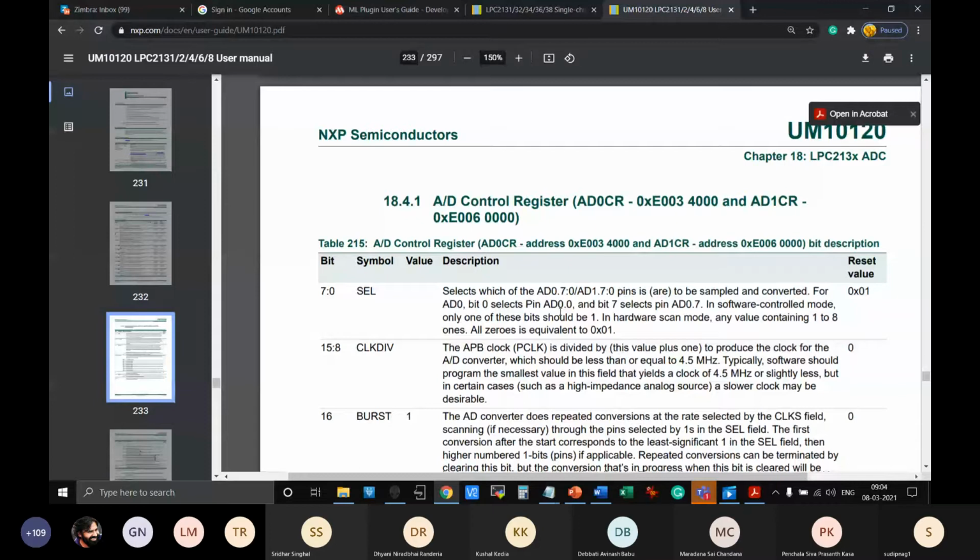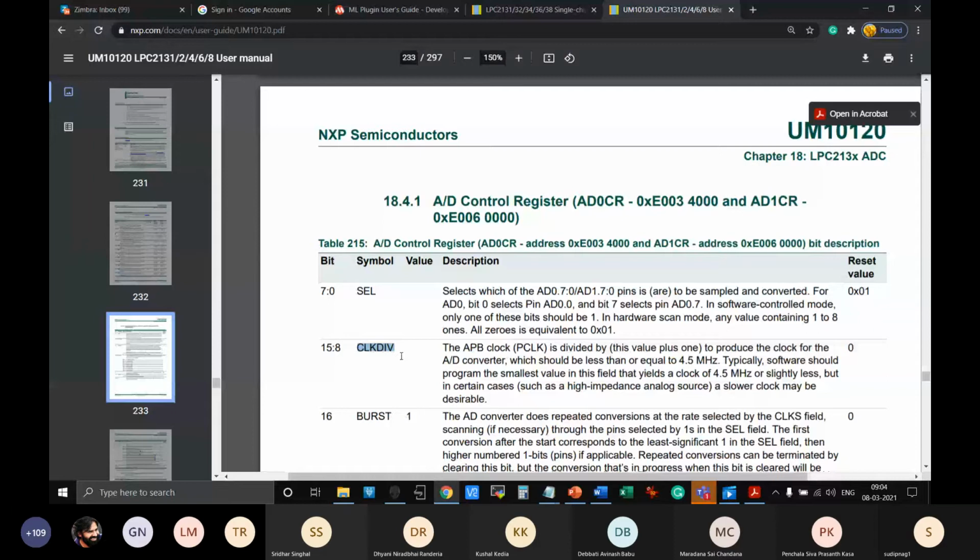Now there is a clock divider. As I said, every peripheral block receives the clock signal from the main system clock, which gets divided by certain factors for most peripherals. The clock div register sets how much the peripheral clock should be scaled. So there are 2 levels of scaling.